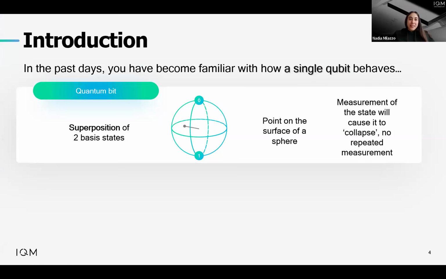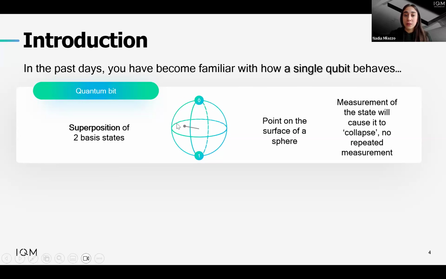Okay, so in these past 2 days, I hope you have become familiar with words like qubits, superposition, measurements, and things like that. And I want to stress here that especially you have become familiar with how a qubit behaves when it is alone. So you can put a single qubit in a superposition of two basis states. And we have seen that we have a very useful and intuitive visualization with the Bloch sphere here represented.